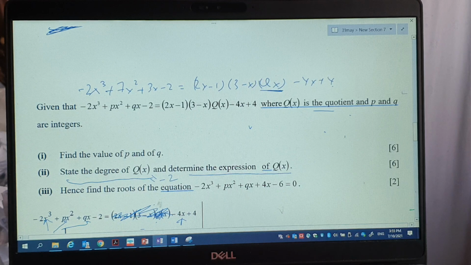So how do you find QX? Can you think about it? You can pause the video and think about it. Can you expand this, and then somehow find the answer? Is it possible?